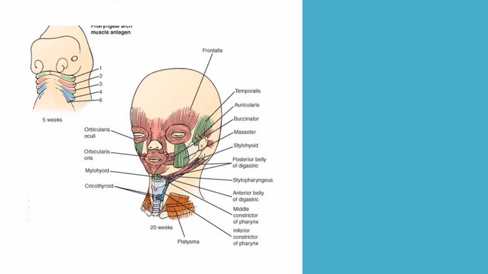And there are other muscles derived from it: tensor veli palatini and tensor tympani. So these are also developed from the first arch. And then the anterior belly of digastric and mylohyoid muscle. So all these muscles are supplied by the mandibular nerve.